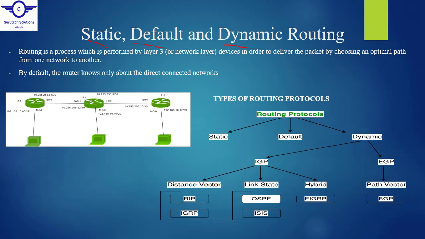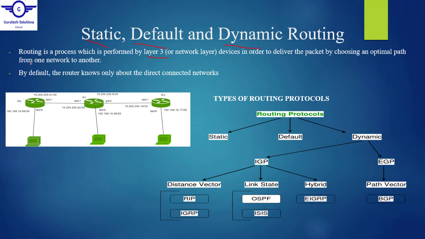So routing is a process which is performed by a layer 3 device. A layer 3 device basically can be a router or layer 3 switches, right? It's performed by layer 3 devices in order to deliver packets by choosing the best path or an optimal path from one network to another.